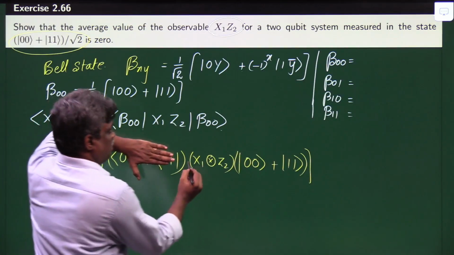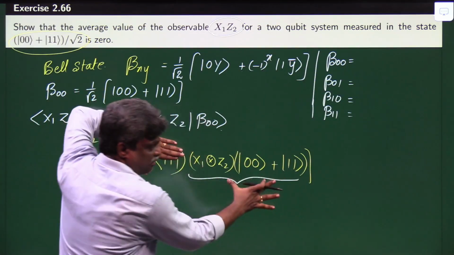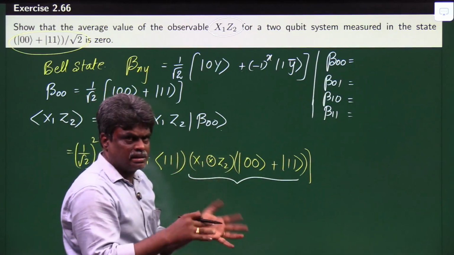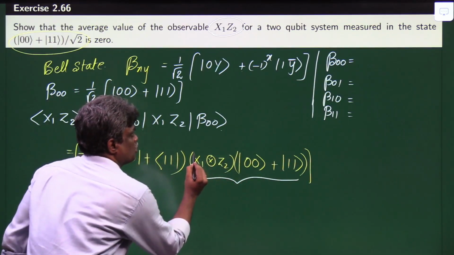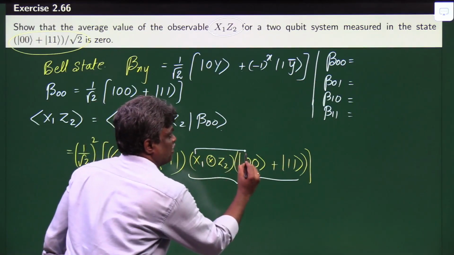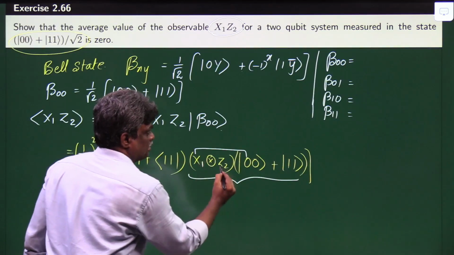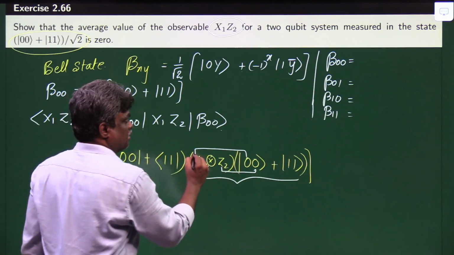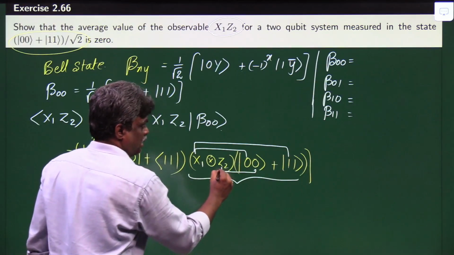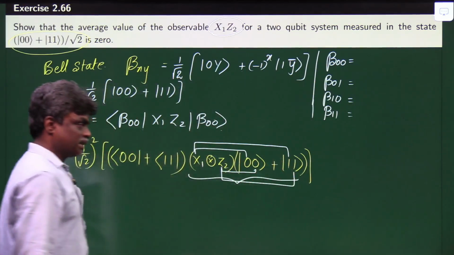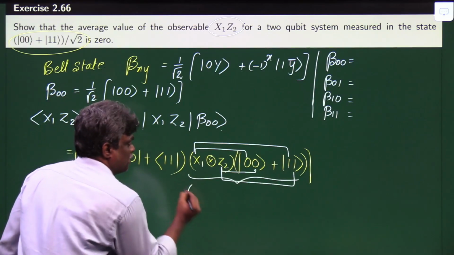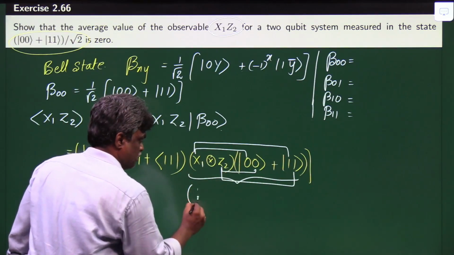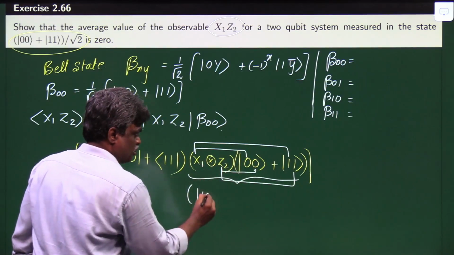Forget about the bra vector for now. First we have to operate this operator on the ket. You can find the matrix and multiply with the matrix also, no issue. x1 operates on the first qubit, and z2 operates on the second qubit. So x operates on 0, you will get 1, and z operates on 0, 0 only.